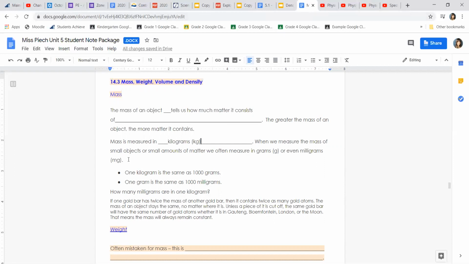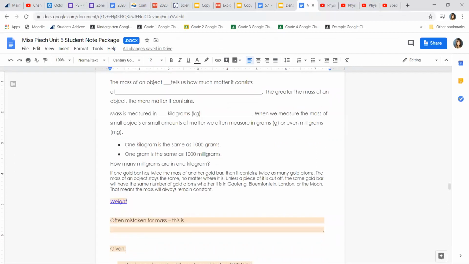When we measure the mass of small objects or small amounts of matter, we often measure in grams or even milligrams. It just depends on how big the object is. That's what will determine how we measure it. And 1 kilogram is the same as 1,000 grams. 1 gram is the same as 1,000 milligrams. So, question: how many milligrams are in 1 kilogram?